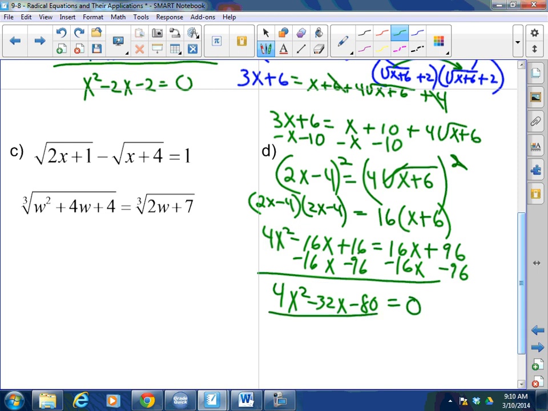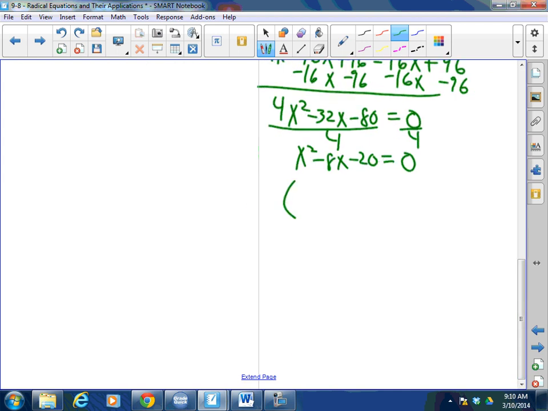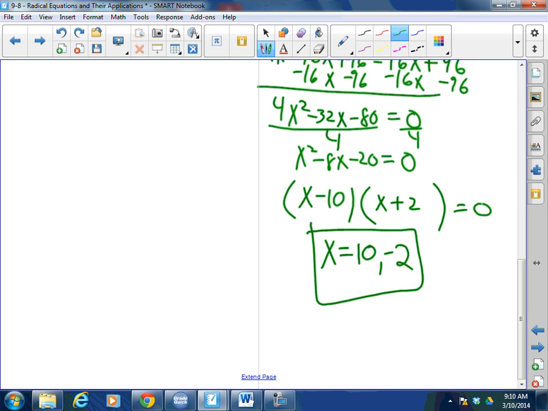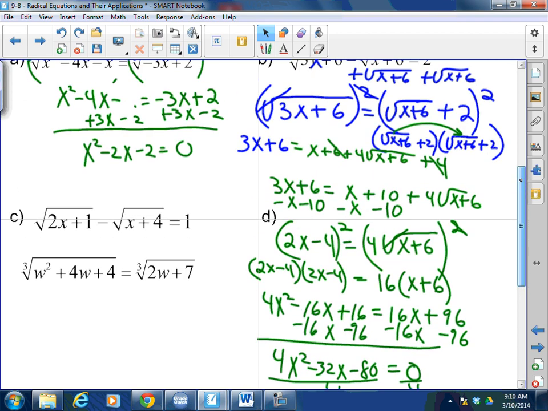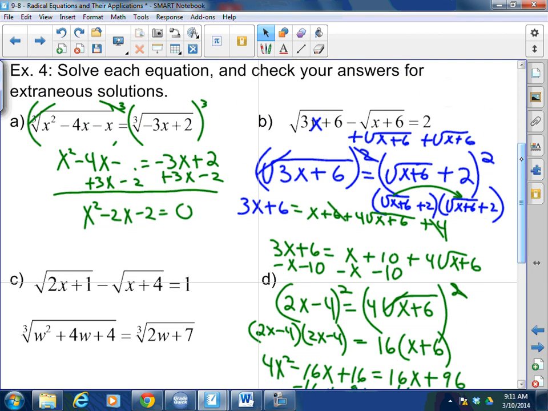From here, I can divide 4 to both sides, giving me x squared minus 8x minus 20 equals 0. And then from here, this is x minus 10 times x plus 2 equals 0, x equals 10 and negative 2. And then we would plug that in to see if it is viable.